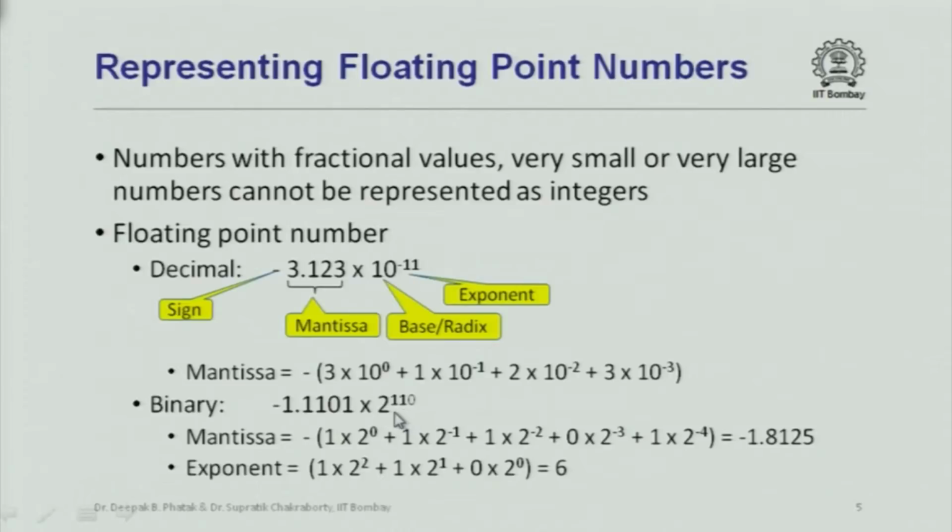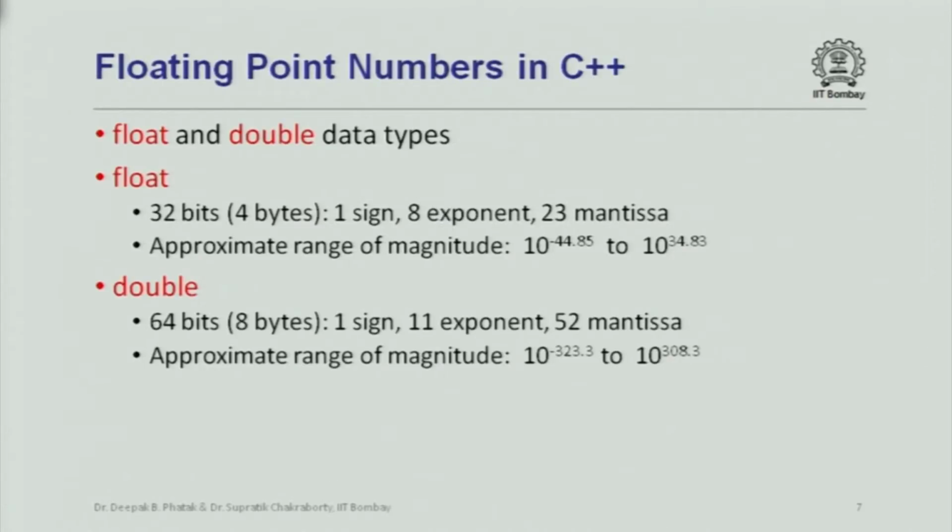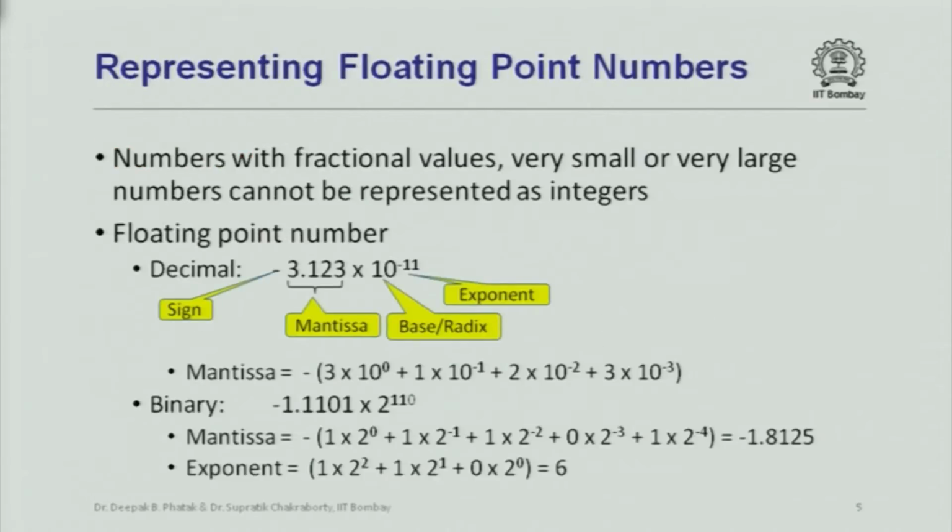When I write 110 here, I have really ignored the leading zeros. So it is not the case that there is a 3-bit representation, right? We have seen that exponents are usually represented by many more bits, 8 bits in float, at least 8 bits, 11 bits in double. So when I write 110 here, it really means that there are some leading zeros, and when you interpret it as a signed integer, it means 6, and that's what we have said here, 6.